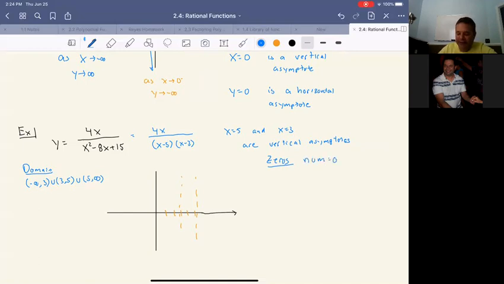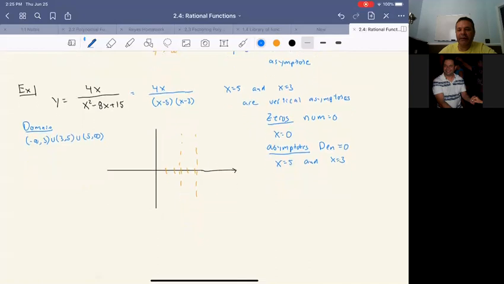In this case, whatever makes 4x equal to 0, that's x equals 0, of course. My asymptotes are what make the denominator equal to 0. So that's going to be x equals 5 and x equals 3.